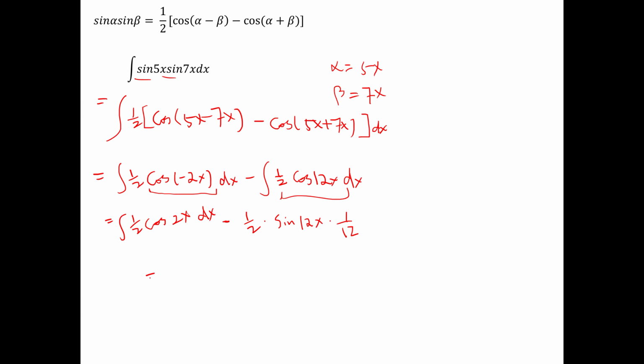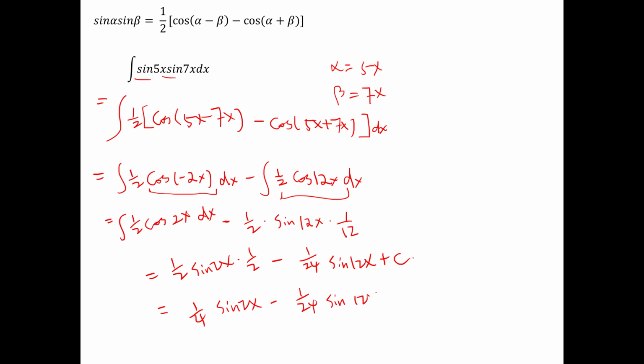So 1/2 sine 2x by 1/2 minus 1/24 sine 12x plus c. Okay, simplify 1/4 here, sine 2x minus 1/24 sine 12x plus c. Okay, so this is my answer.